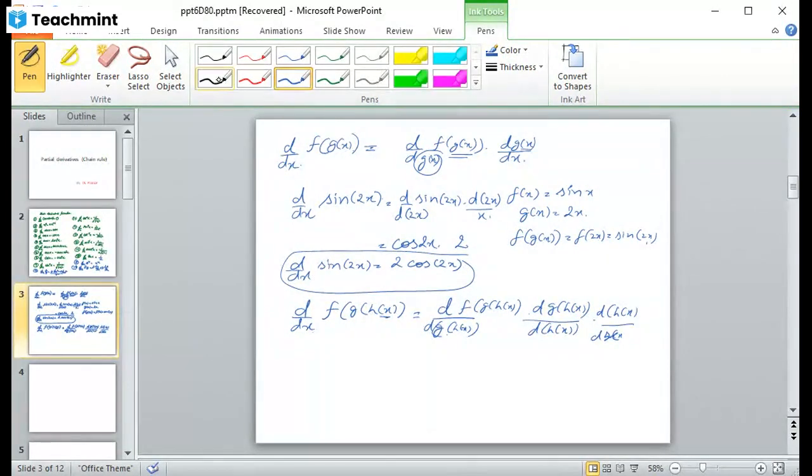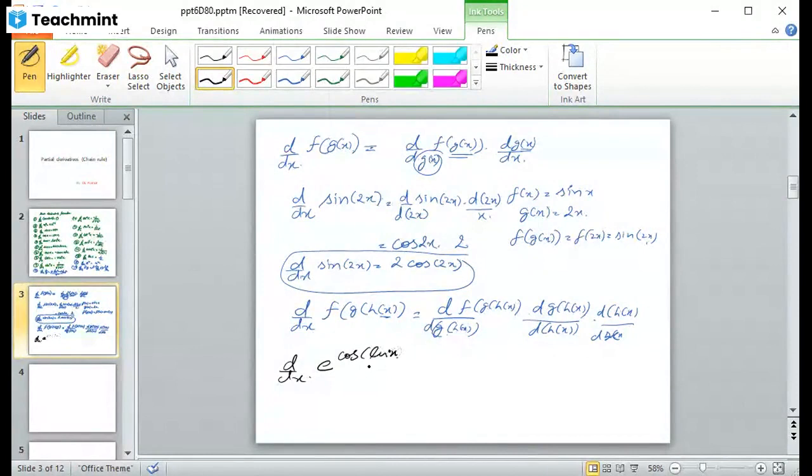Okay, for example, suppose I want to differentiate e raised to the power cos of log x. So e raised to the power cos of log x.